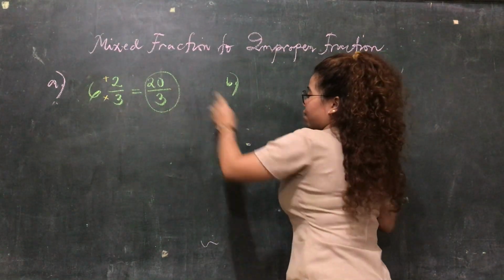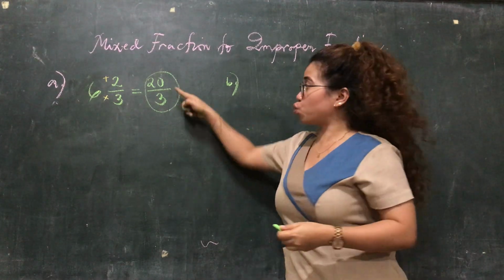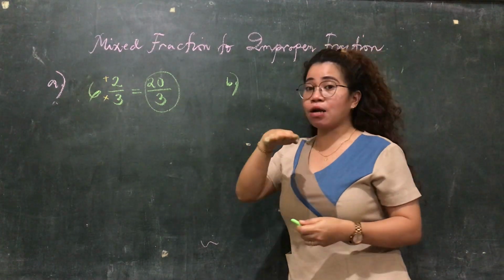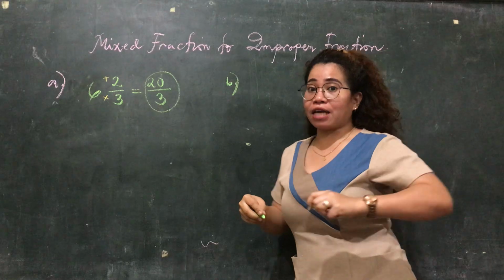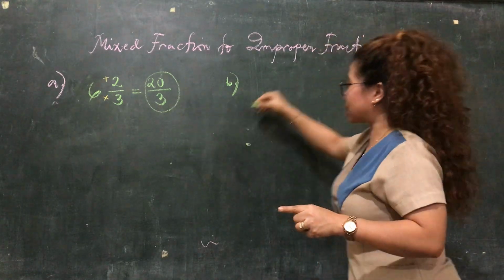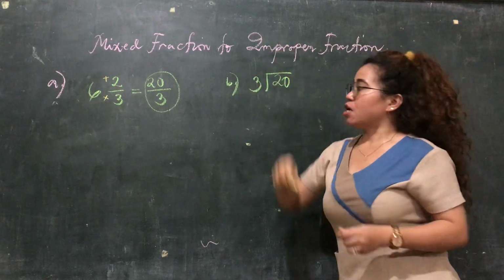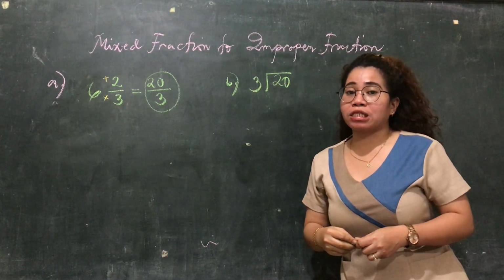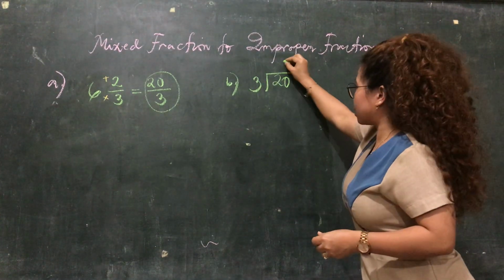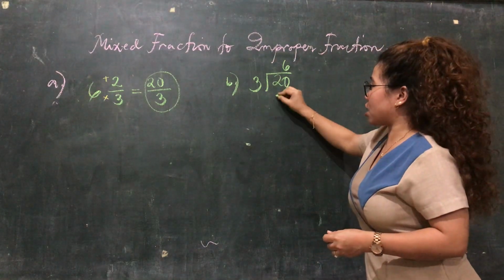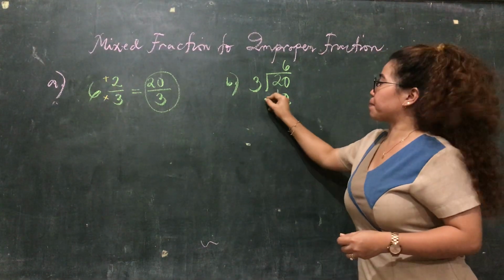Let's divide. The bar in 20 over 3 means divide. So let's rewrite this as 20 divided by 3. How many times does 3 go into 20? We have 6. 6 times 3, you have 18.